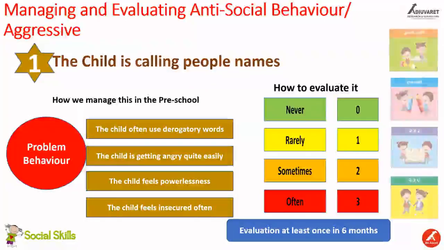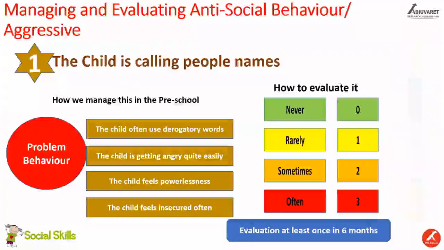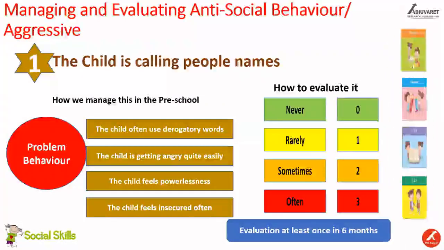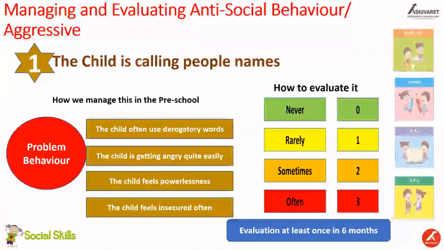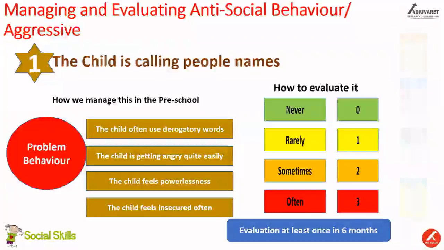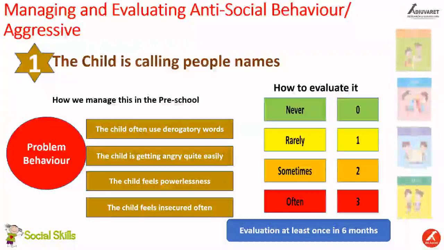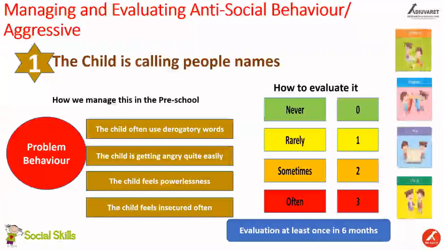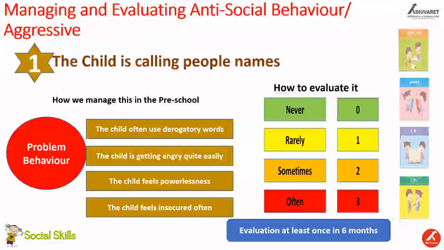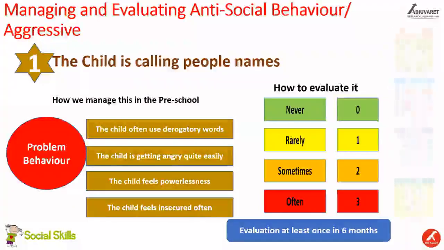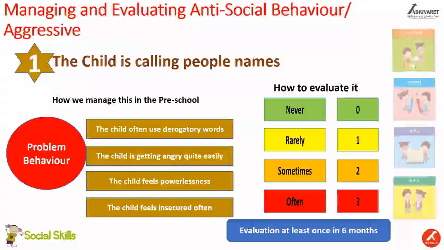If it often happens, that means the child very often exhibits such behavior by calling other names, we give a score of 3. Sometimes, maybe on a few occasions, we give a score of 2. And very rarely, maybe once in a month or so, we give a score of 1.